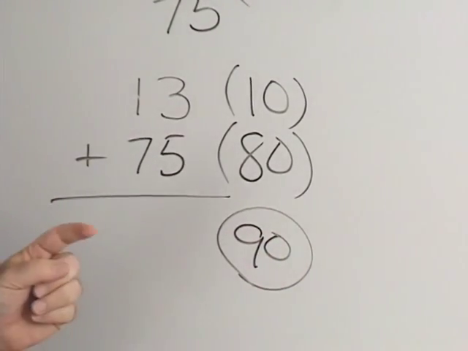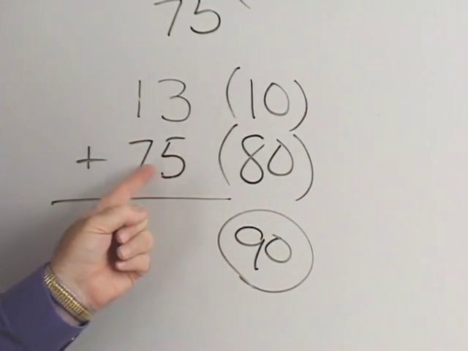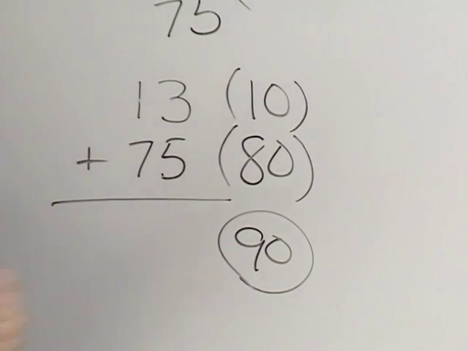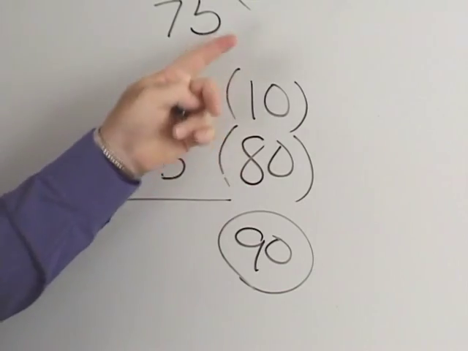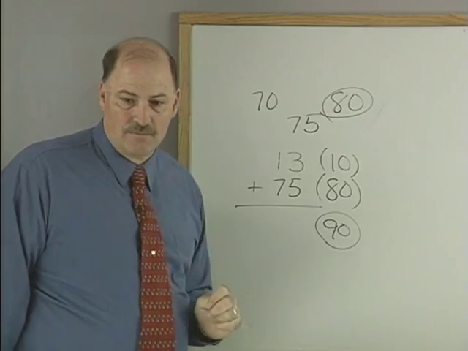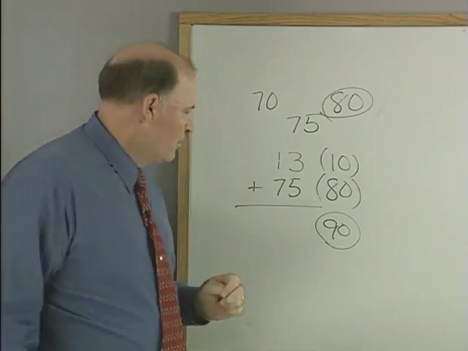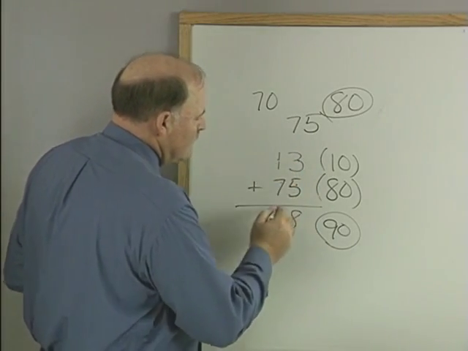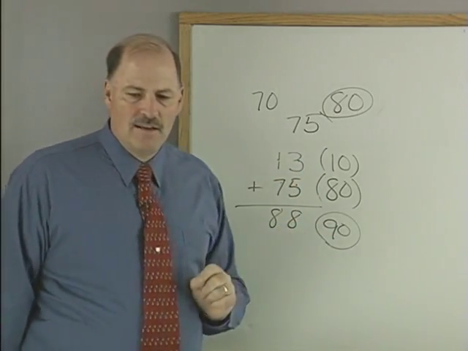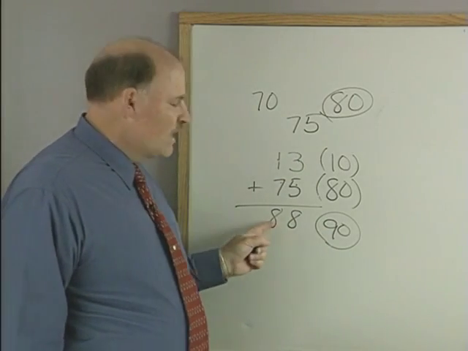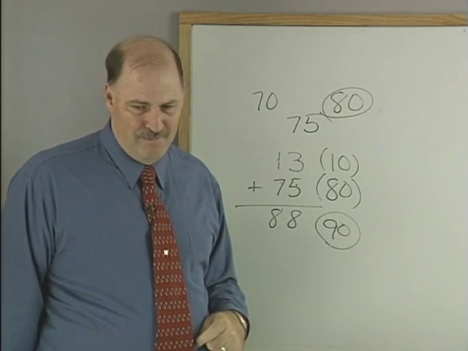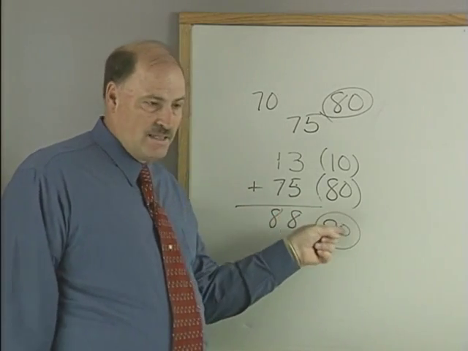So it turns out our answer has to be real close to 90. And that's called estimating. Estimating is when you round both numbers and then add them up. The real answer is 88. 3 plus 5 is 8, and 1 plus 7 is 8. Is that pretty close to 90? Yep. Good. But if you'd got 188 or 880, you'd say, oh, that can't be right, because it's not close to what you estimated.